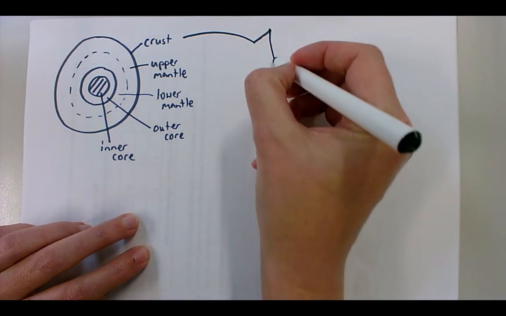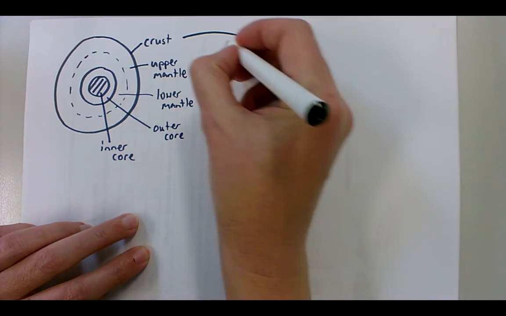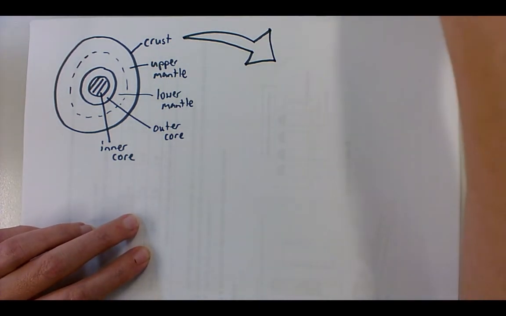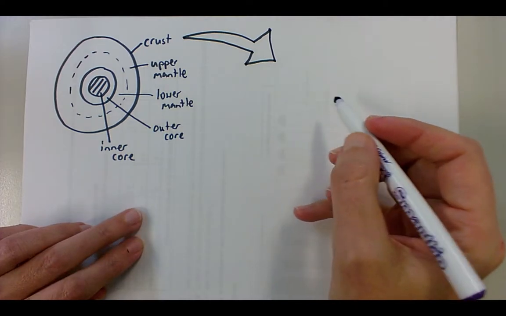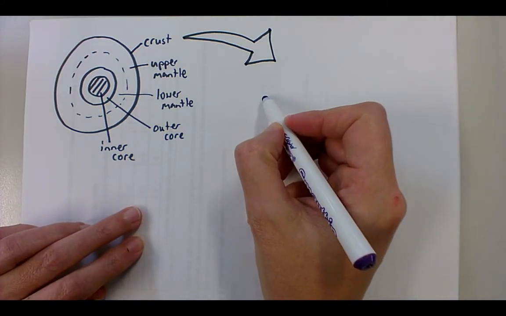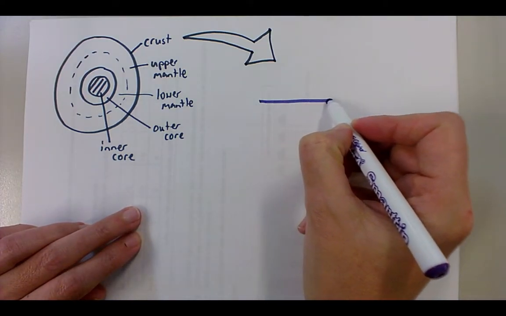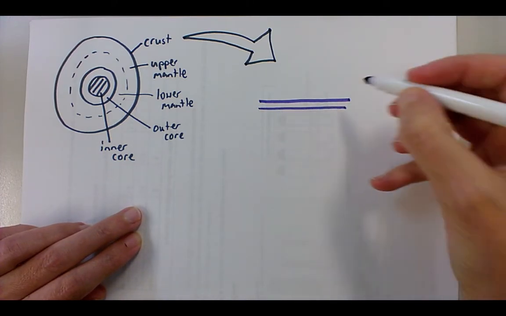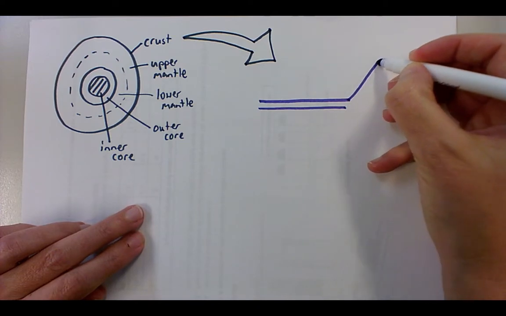So we're just going to zoom in on that crust and have a look at what it looks like. The first thing you need to understand about the crust is that it actually sits below both the ocean and also the land. So that's going to go under the ocean.